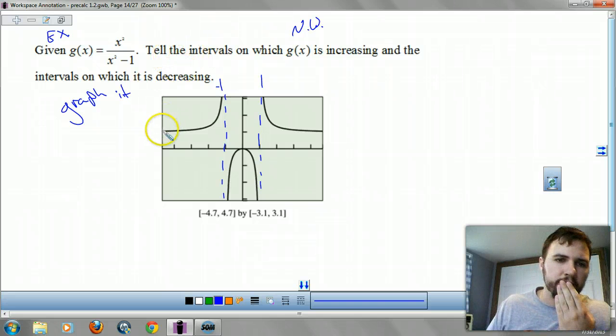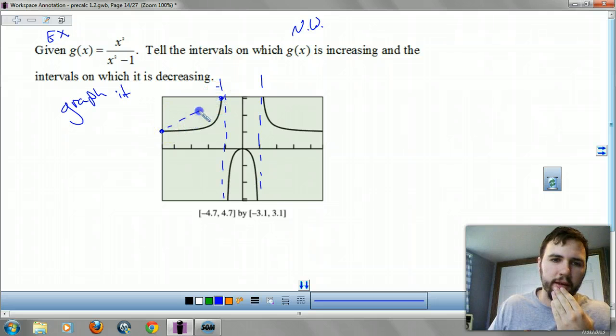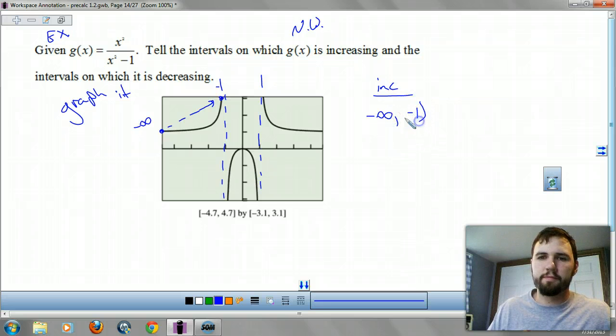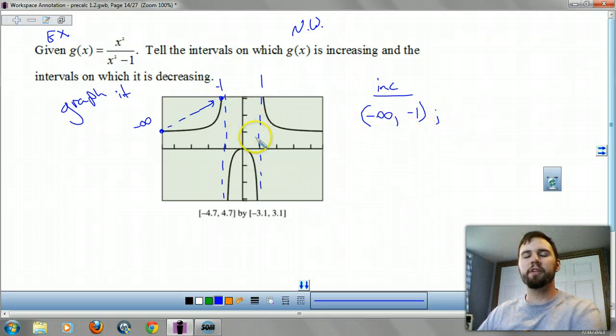From here to here, it looks like we're going up. So I'm going to do my increasers. It looks like from negative infinity, because that's what's over here, to negative 1, we're increasing. And then, are we increasing anywhere else?